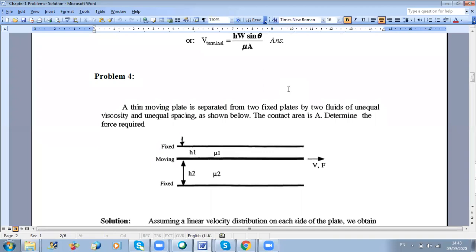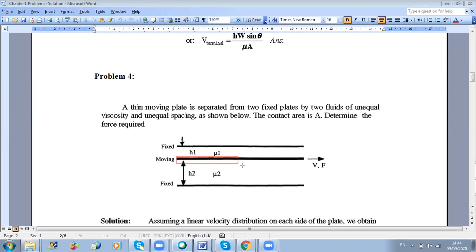Okay, so how should we think here? Here we have a plate that should move with a velocity v. This plate is in contact with two fluids, one from the upper side and one from the lower side. If you consider the plate as your system, because F is applied on the plate, this is my plate here.